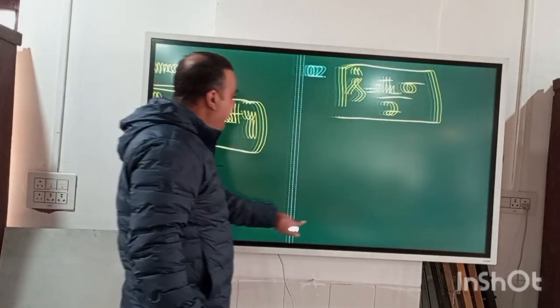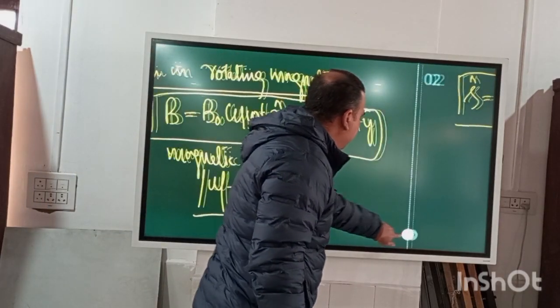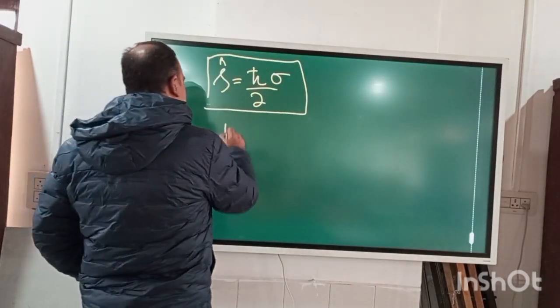And I can write down the Hamiltonian. So what will be the Hamiltonian for this system?